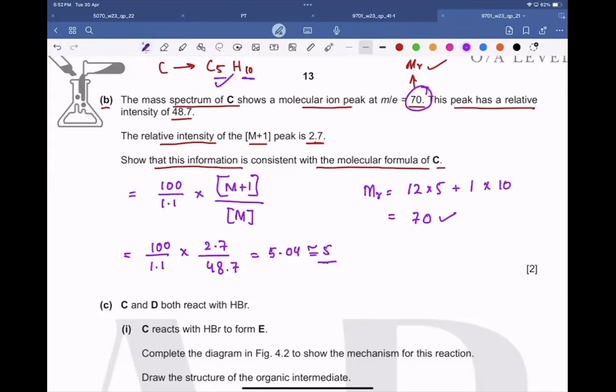So this information is consistent with the molecular formula. Is this clear to all of you till here?